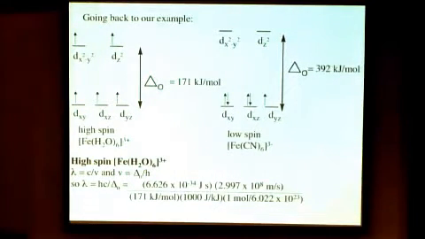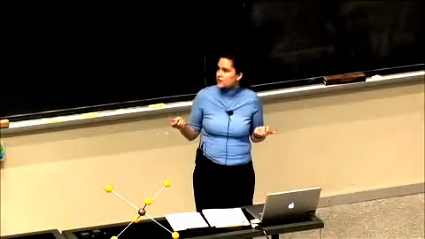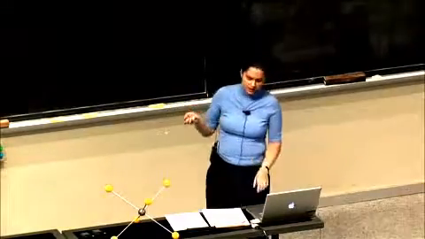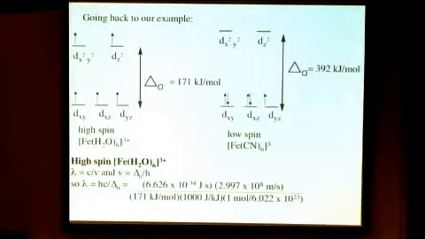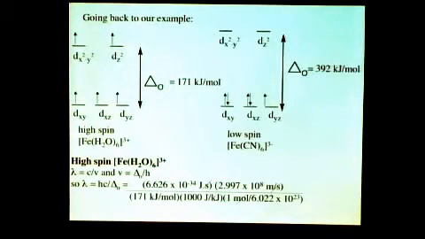So now we should be able to cancel our units. We cancel the seconds over here, cancel our moles, and cancel the joules and the kilojoules, and that should leave us just with this over here, which is meters.